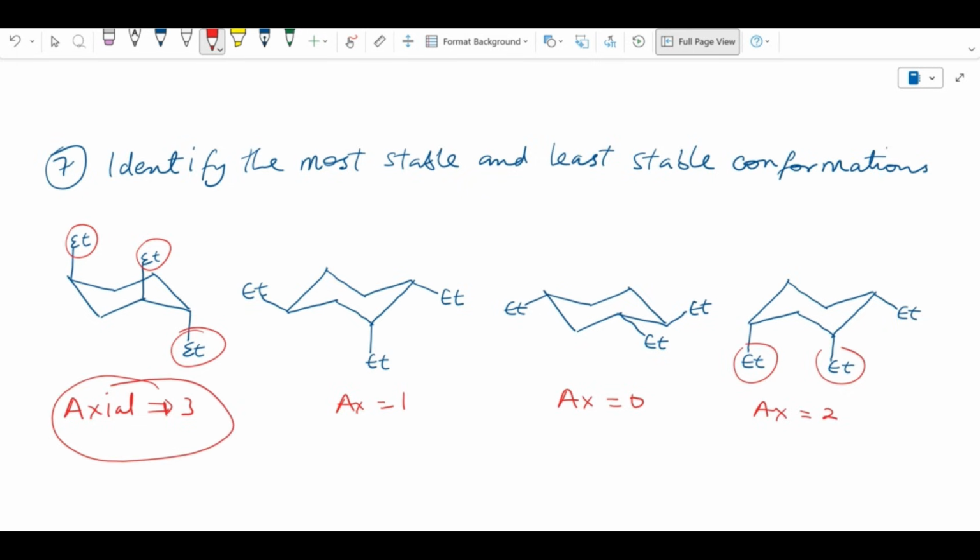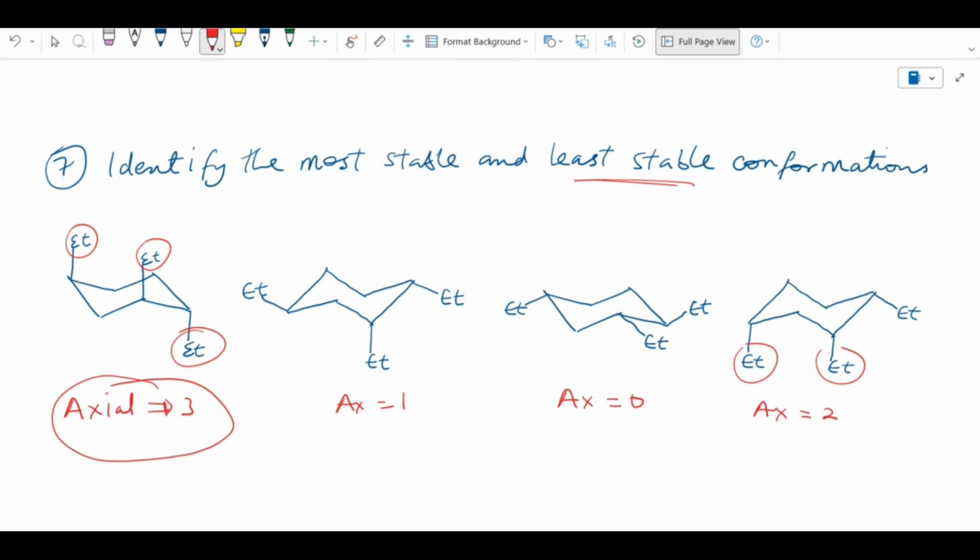Since the first one has more ethyl groups on axial bonds, that conformation would experience the highest form of destabilization. So we'll have more destabilizing interaction there. Therefore, this will be the most unstable, which is also the least stable.